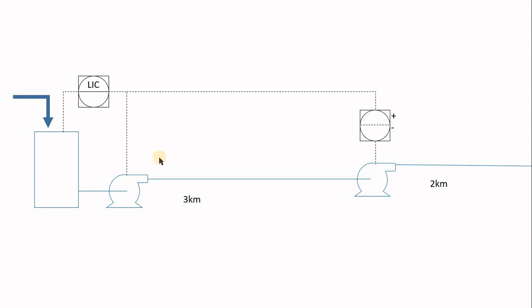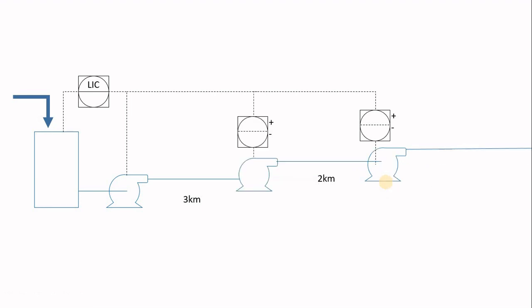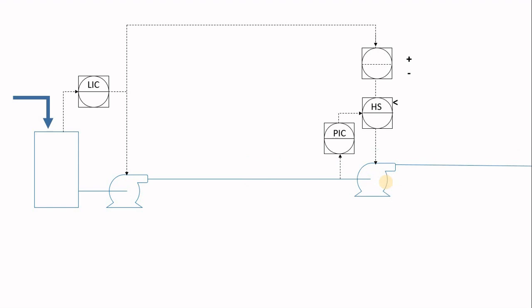If we move one pump to the middle of the line, we expect the same scenario, but in fact we have another issue to consider. Because the second pump is far away from the first pump, we could run into the possibility of the suction pressure going below the minimum suction pressure, and this pump will be cavitating.